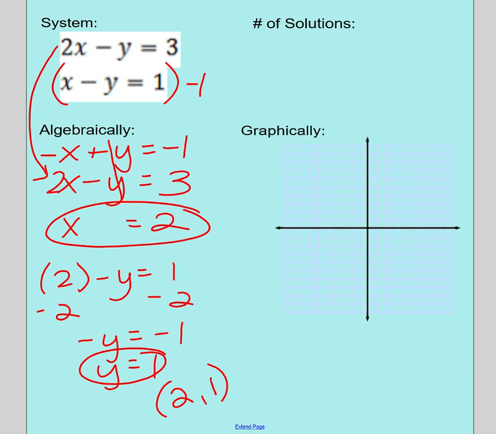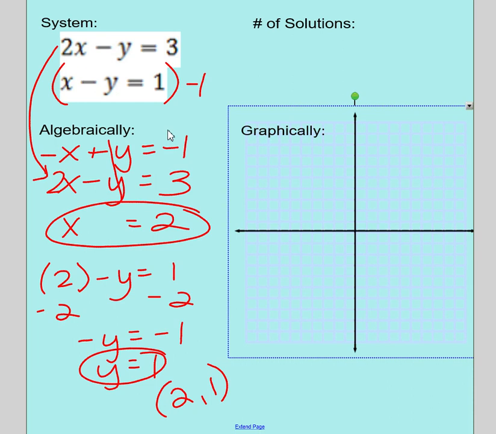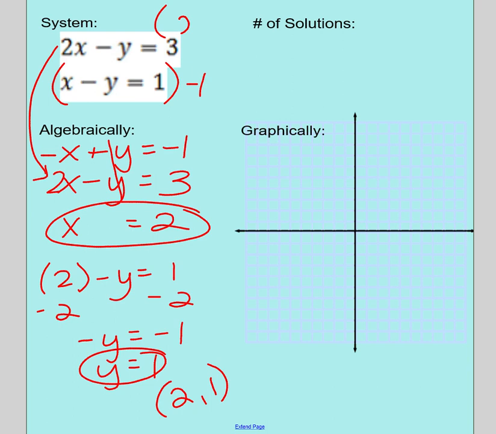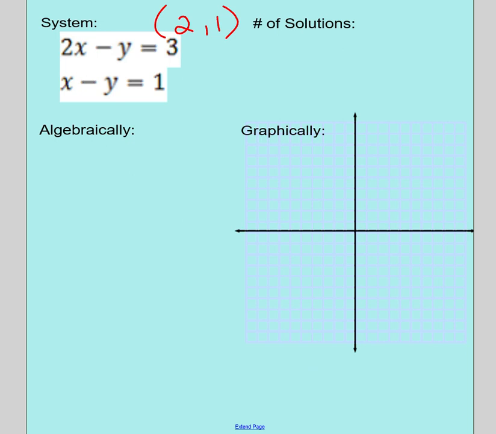And my solution is (2, 1). If I were to graph these two lines, my solution we came up with was (2, 1). I'm going to write that down, erase all this stuff, because I'm going to take a minute and graph these two lines, okay? I have to solve them for y.